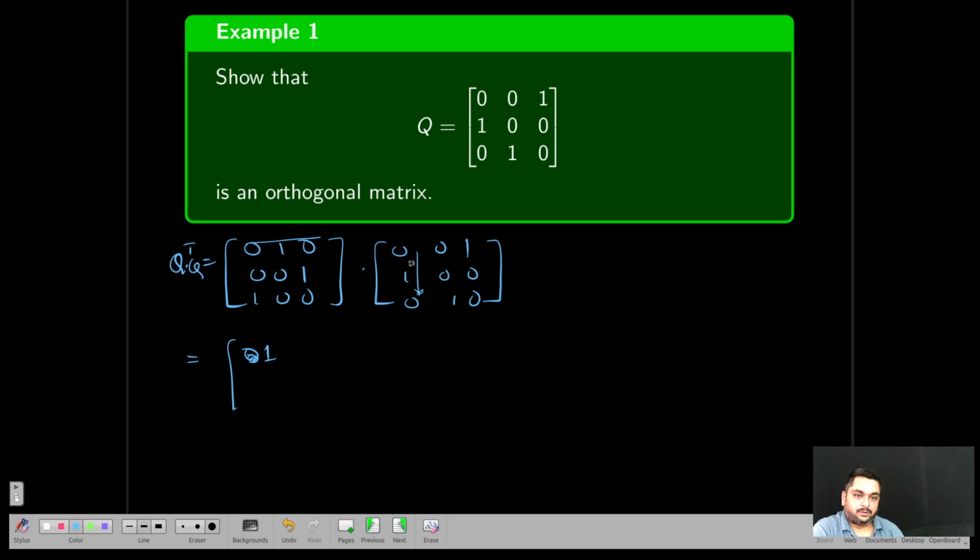Then 0, 1, 0, and this is 0, this is also 0. Then this row, this column is 0, this row, this column is 1, this row, this column is 0. So this is 0, again 0, and this is 1. This is nothing but my identity matrix. Hence, this is orthogonal.